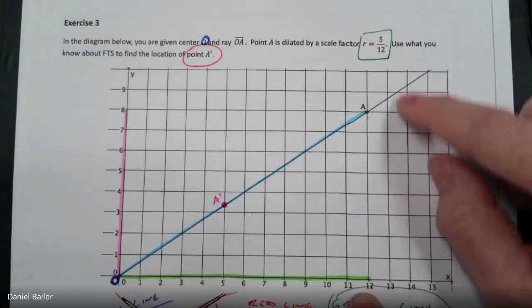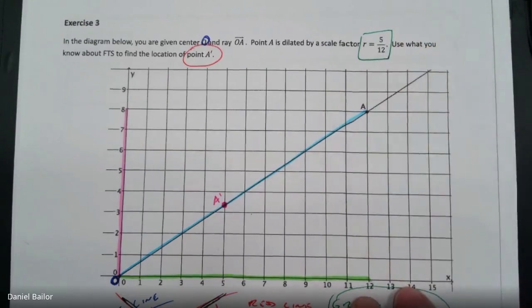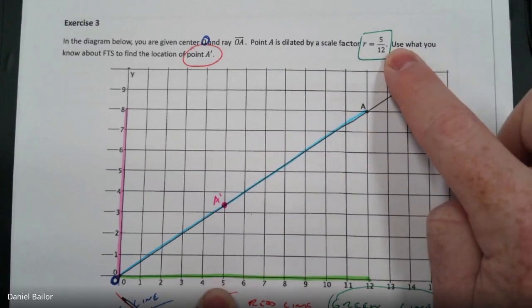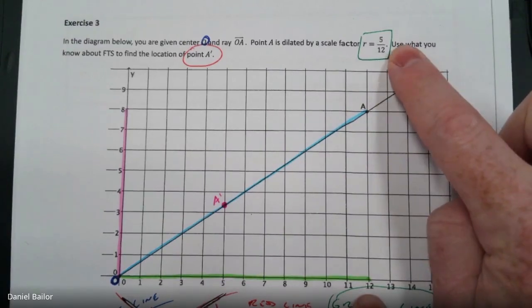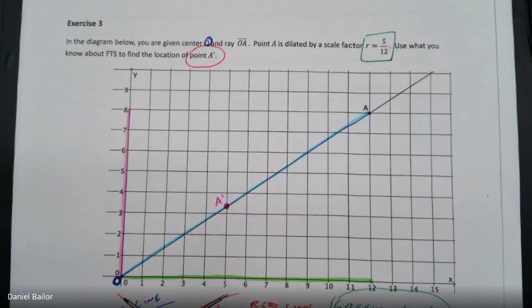In fact, if the scale factor is 5/12, we started at 12 on the green line. Where did we end up? We ended up at 5. So this math got even easier when you saw the scale factor was 5/12. You saw a go from 12 to 5 on the green line. So that's an easy way to do it.